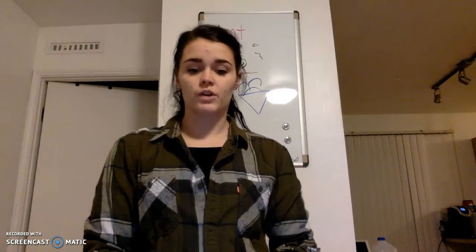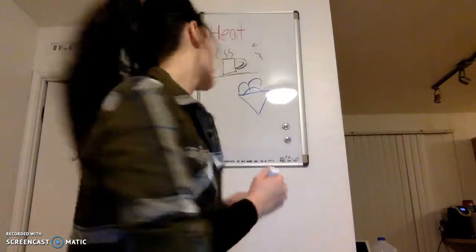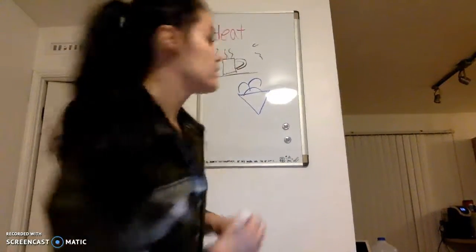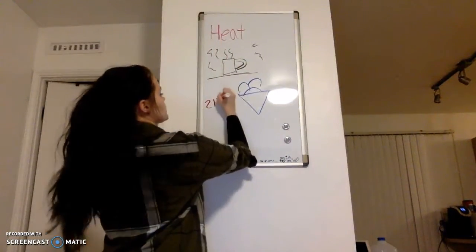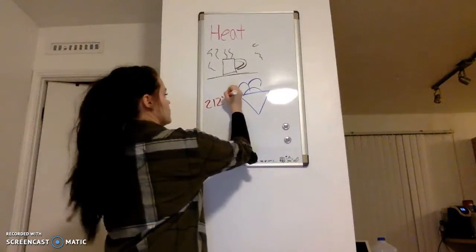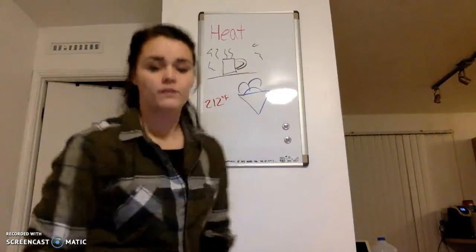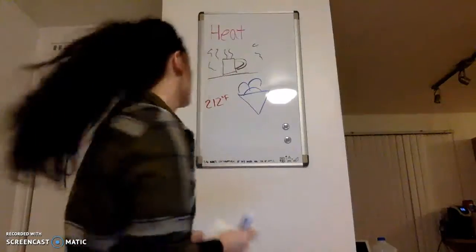To convert Fahrenheit to Celsius, you take the initial degree, say 212 for boiling in Fahrenheit. So let's write that down here. We're going to have 212 Fahrenheit and subtract 32 from it.